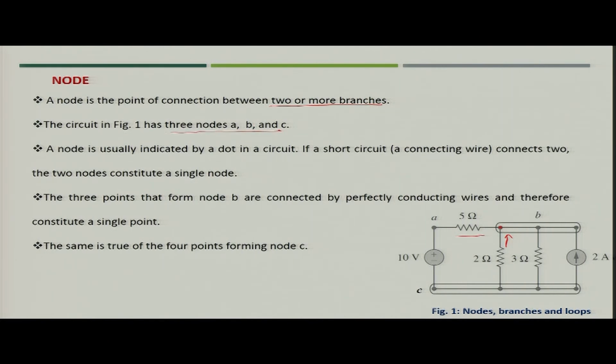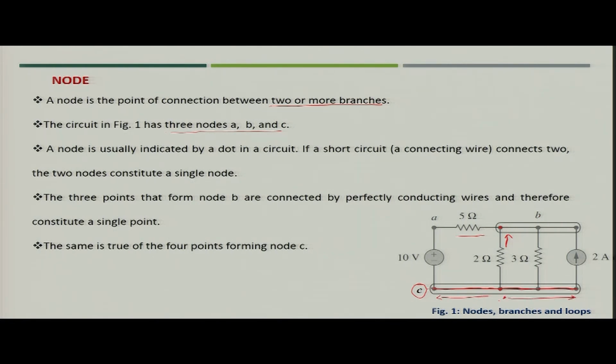Here in this figure we have three nodes, node A, node B and node C. Now, in this figure C is not a single node, it contains all four nodes which are there in the circuit, but we represent it by a single node C. Why? If you connect two nodes with a short circuit or a direct wire, both will always be at the same potential. So, when it is like this, you can join all of them and create one single node.